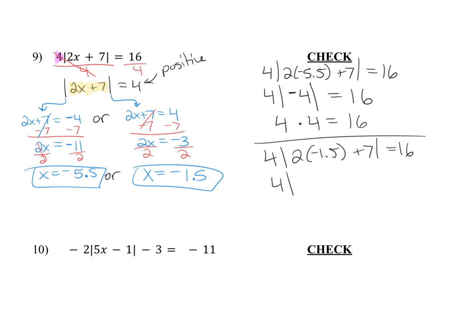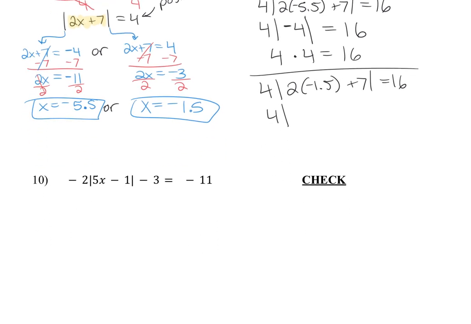What's 2 times negative 1.5? You can do it in your head or on your calculator, either one. Negative 3. What's negative 3 plus 7? 4. All right. Absolute value of 4 is 4. Good. So both work out.